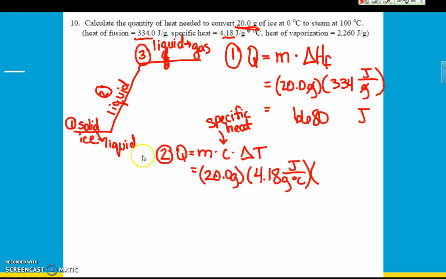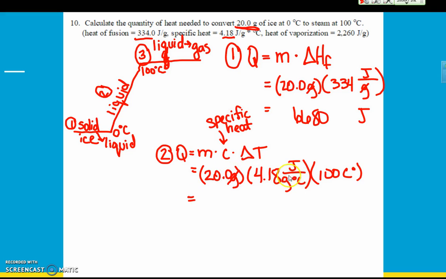And then delta T. And you may be thinking that they don't give us enough information, but they actually do. So we know that ice is at 0. And we know that they're heating it all the way to steam at 100. So we've got a delta T of 0 to 100, which would be 100 Celsius degrees.